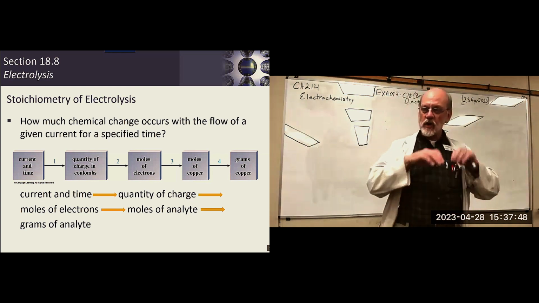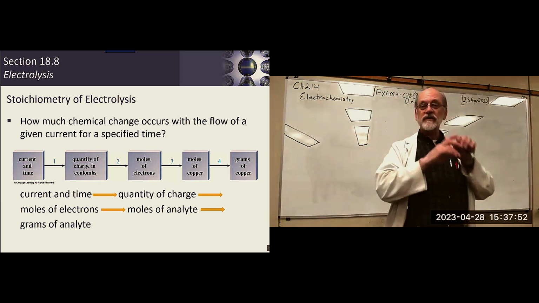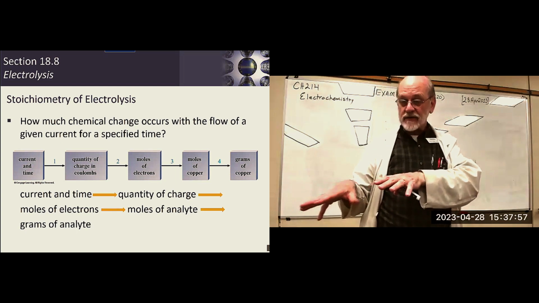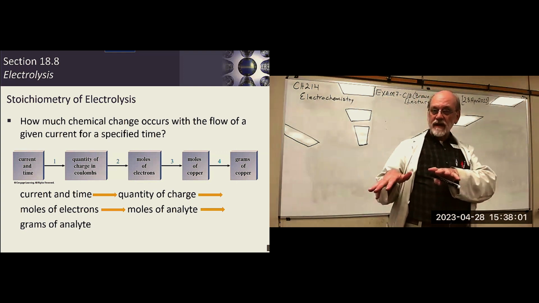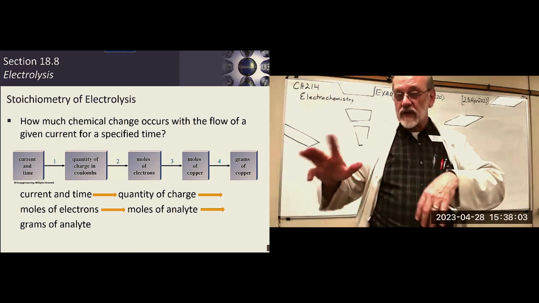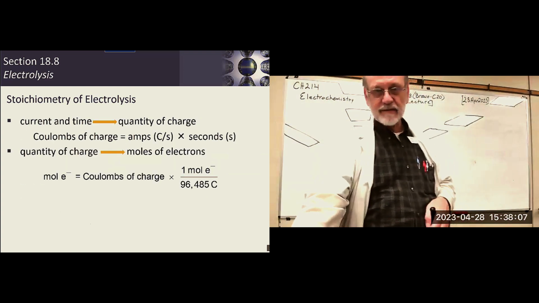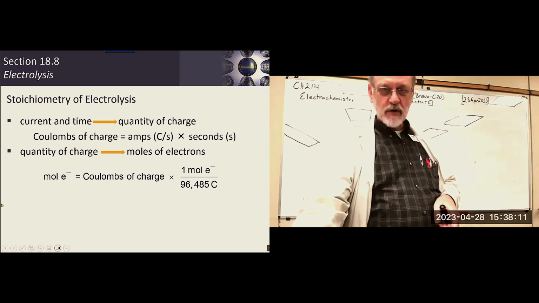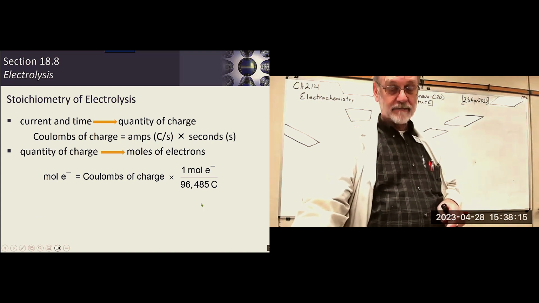Then we convert the coulombs to moles of electrons, and then through our balanced equation, we convert the moles of electrons to the moles of the metal being plated out on the cathode. And then if we need it, we can convert the moles of that metal into mass. And there's our conversion factor, moles of electrons to coulombs. We definitely need that.